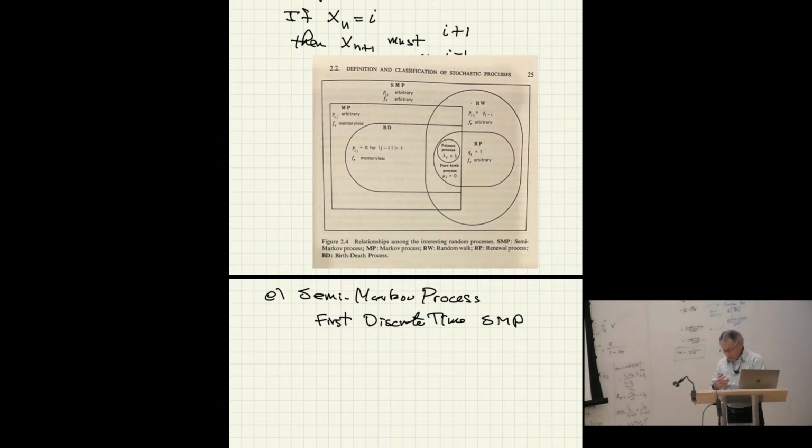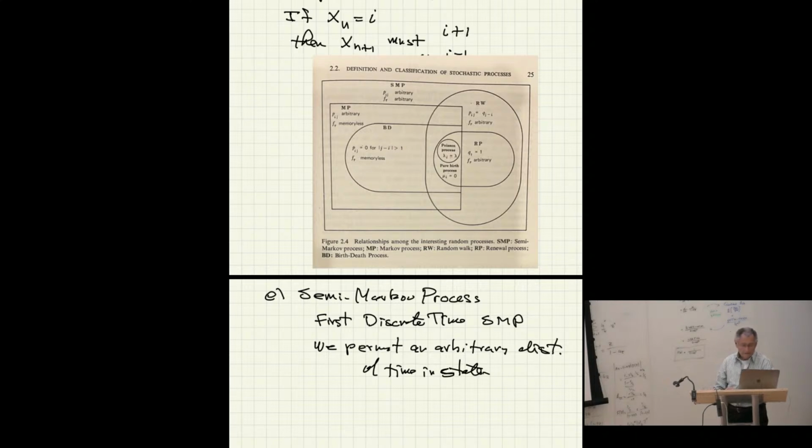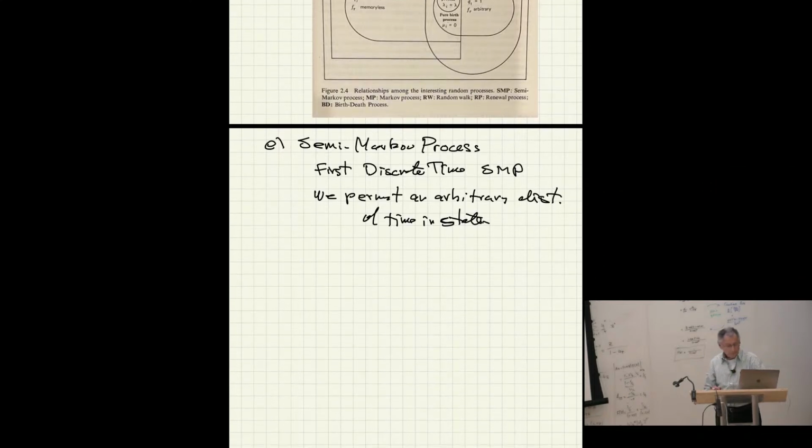Now, the thing that characterizes a semi-Markov process is that the f of tau does not have to be memoryless. It can be arbitrary, okay? Arbitrary distribution of time in state. But what's interesting is, I'm going to make an asterisk here.